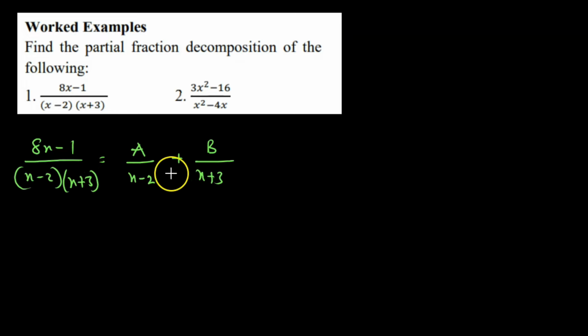So solving for a and b, we must get rid of the fractions. So we multiply through by the LCM, and the LCM for the whole function is x minus 2 times x plus 3. So that is going to be multiplying the left hand side by the LCM.